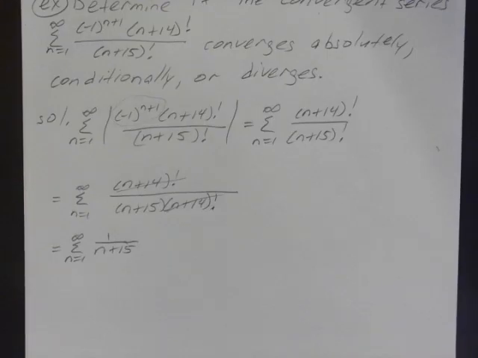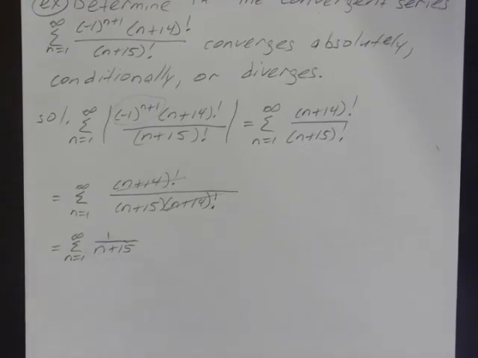Okay, but we can't use the p-series test to find out if this is convergent or not, because it has to be just 1 over n to the power of something, and that plus 15 kind of threw that option out the window. So with this one, we can still use the comparison test.